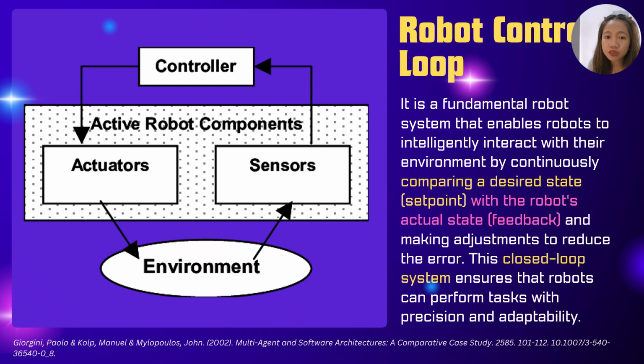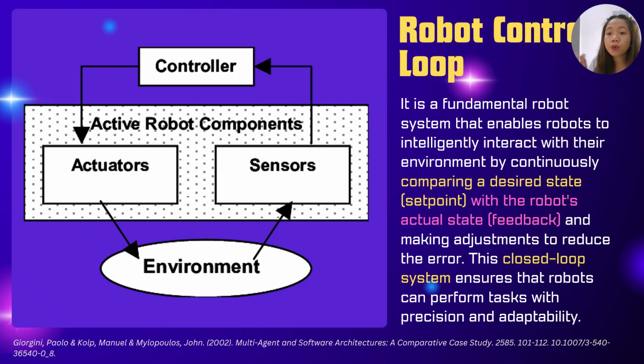Now, the Raspberry Turk is made up of a robot control loop, meaning it has the basic components of a robot. The robot control loop is a fundamental robot system that enables robots to intelligently interact with their environment by continuously comparing a desired state or set point with the robot's actual state or feedback.